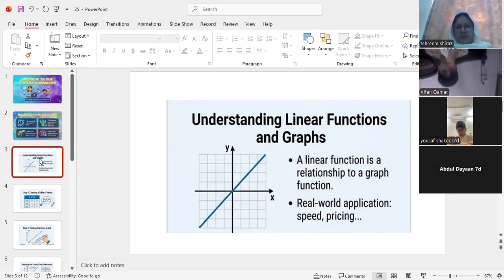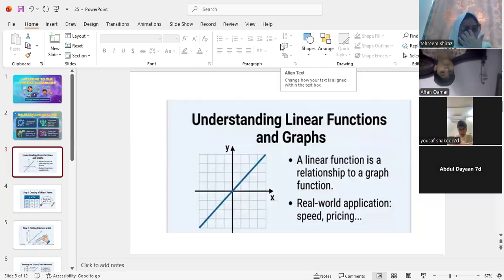Then we studied how to plot the points on the graph once we are given the range of the values of x.